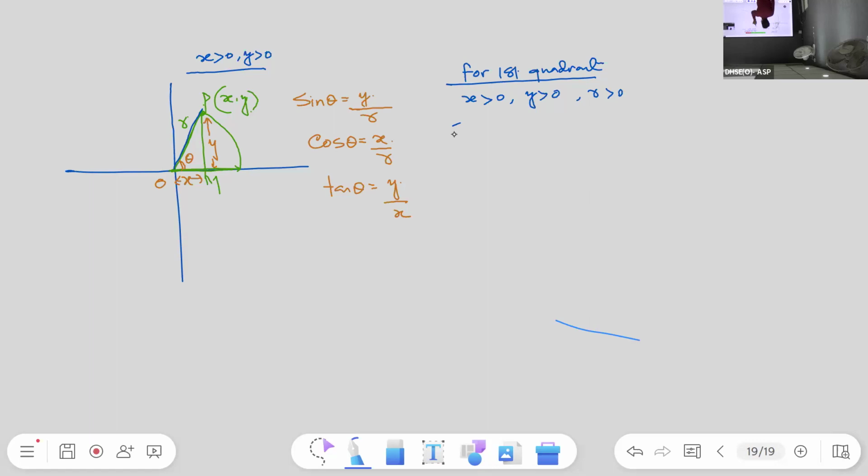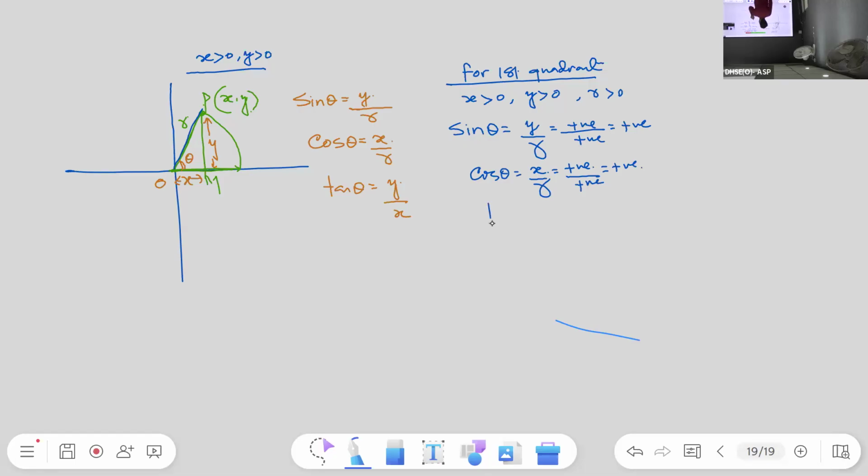So sin theta is equal to y by r, that is positive upon positive, which is positive. For first quadrant angle, sin is positive. Cos theta is equal to x by r, positive upon positive, is positive.